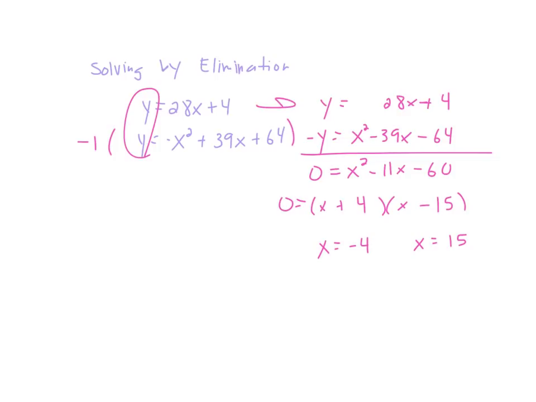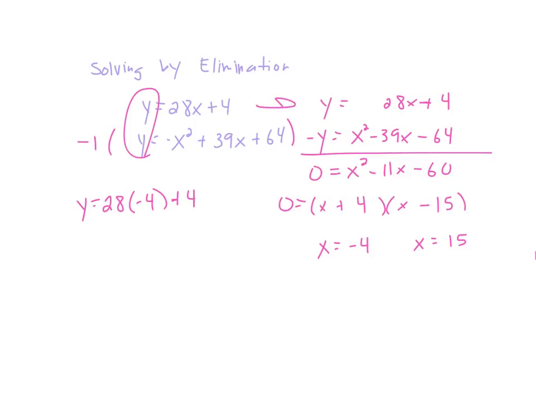So I need to take these x values, each one, and plug them into one of my original equations. I would recommend the first one because then you don't have the x squared part, to get the y that goes with that. So we're going to plug negative 4 in here. So y equals 28 times negative 4 plus 4.